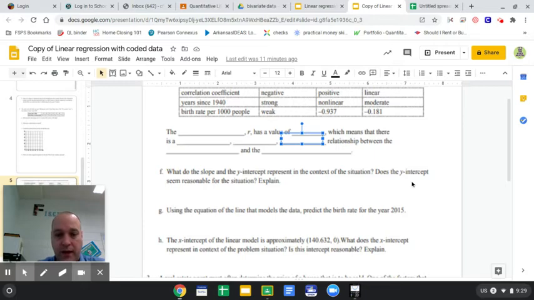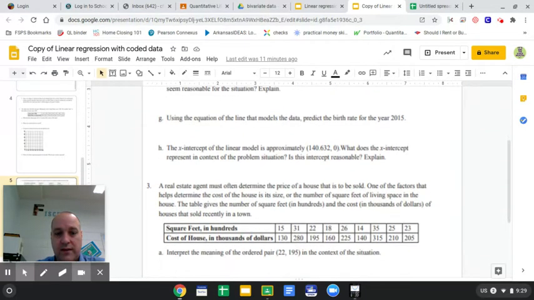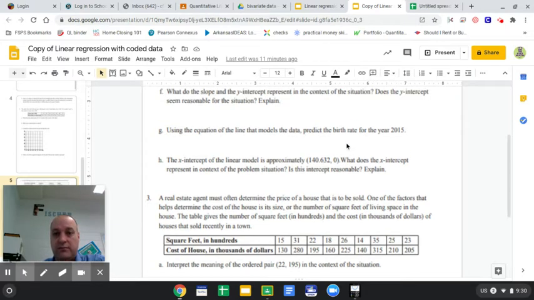Okay? So use the x-intercept of the linear model, which is approximately 140.632 and 0. What does the x-intercept represent in the context of the problem? Is the x-intercept reasonable? The x-intercept in this problem is where the birth rate is 0.